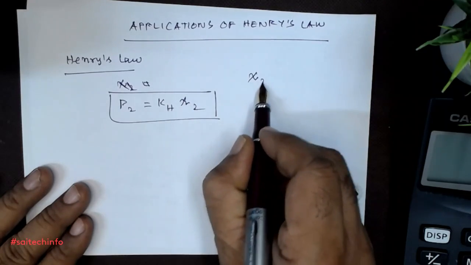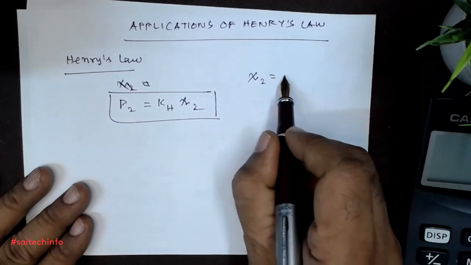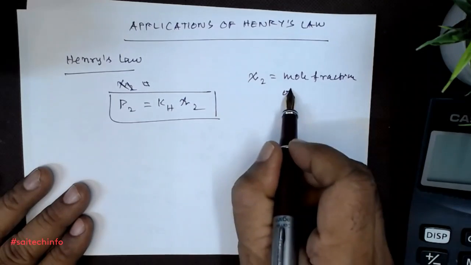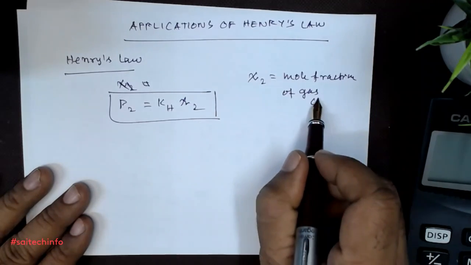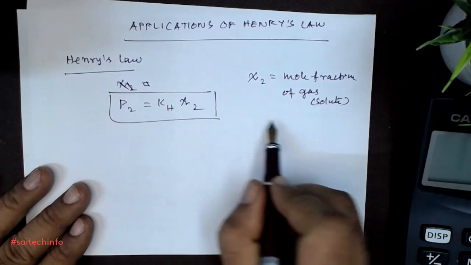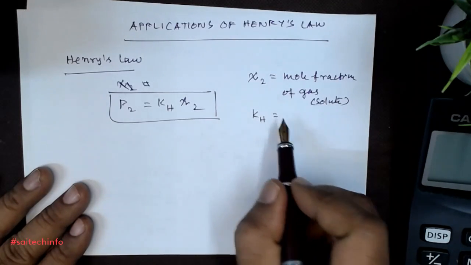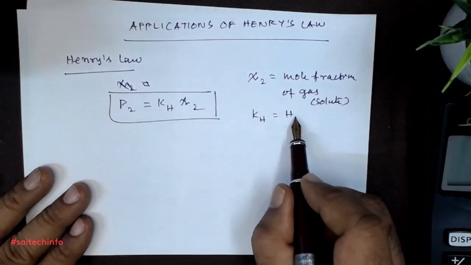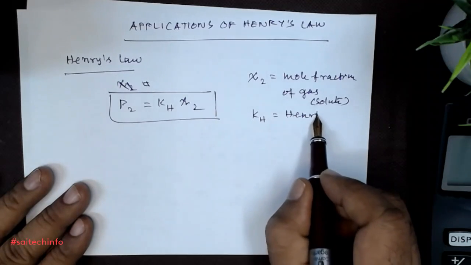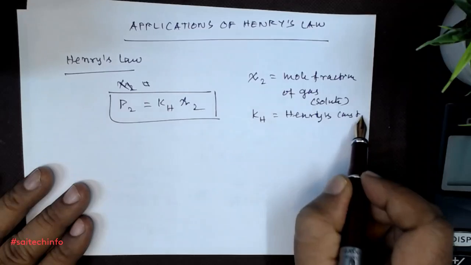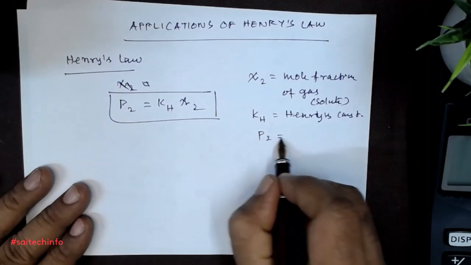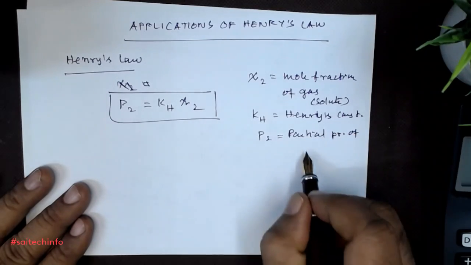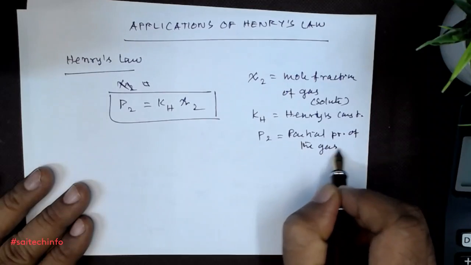So this Chi2 is the mole fraction of the gas as a solute, and Kh is Henry's constant, and for each gas it has different values. Then P2 is the partial pressure of the gas dissolved in the liquid.